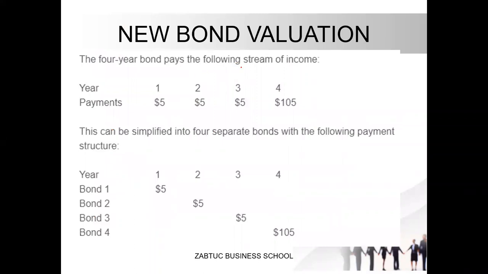The 4-year bond pays a four-stream income. That bond that we intend to issue, this is the way it will look. If you look at these cash flows, we can simplify them into 4 separate cash flows.